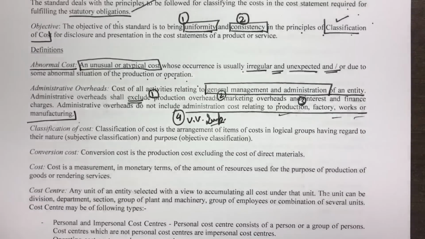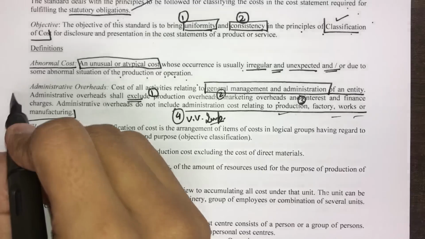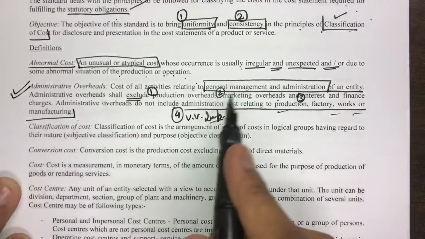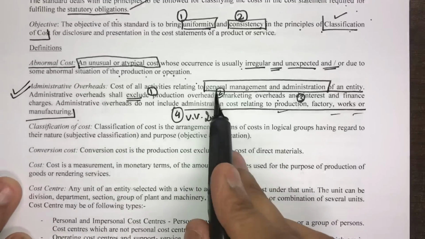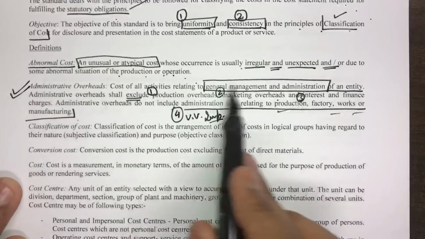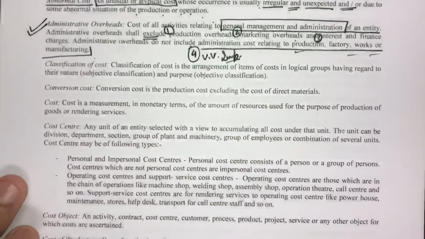It will not be included in admin overhead. So it is a very, very important definition. You have to dissect this definition into exclusion and the main definition. The main definition is general management and admin cost. Exclusion is these four exclusions which I have just discussed.